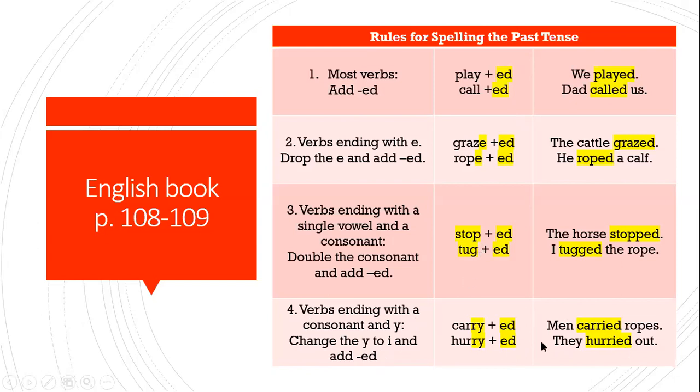So we have men carried ropes. They hurried out. Now, can you think of other verbs that maybe end with a consonant and Y? I want you to try. You got it? Yes. Try is a verb ending with a consonant and Y. So we would say tried, T-R-I-E-D.